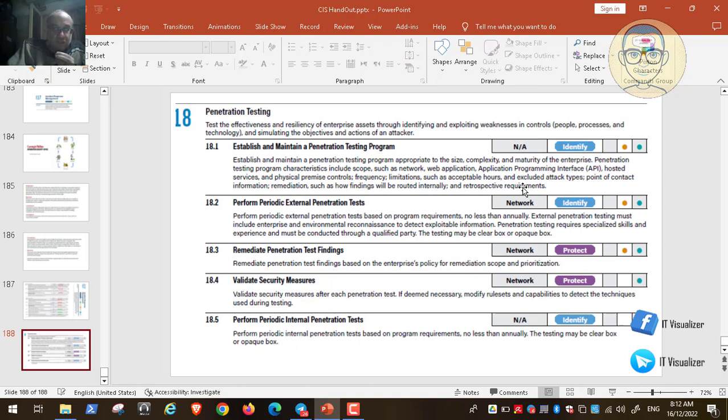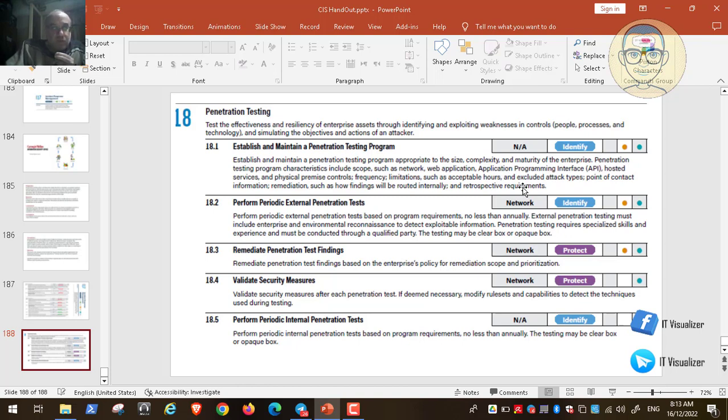So here he's saying that you need to have a penetration testing program that includes all of the elements: the scope, the type of penetration testing, whether it is an application or a device, the contact information of the one responsible for receiving the information and providing the reports, how we will remediate the issues resulting from the penetration testing, the time we should apply it, how much time we need, and on what days.